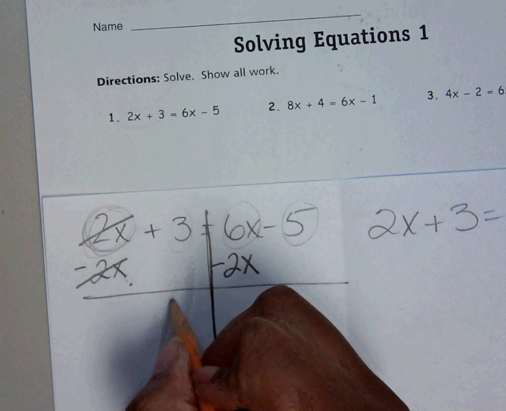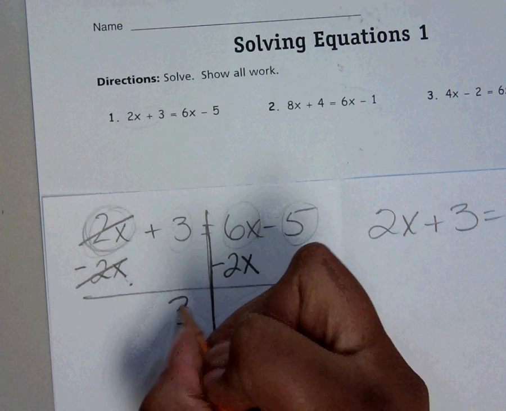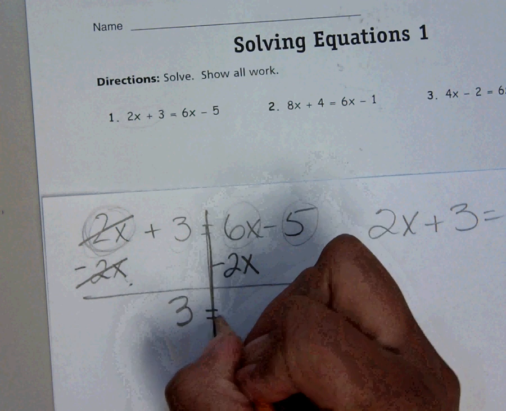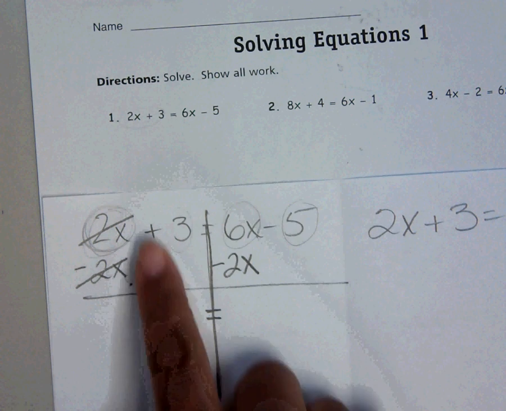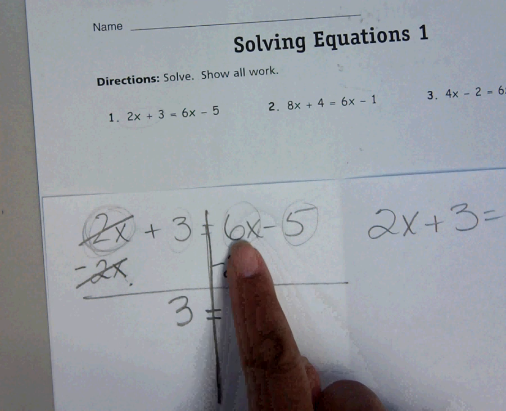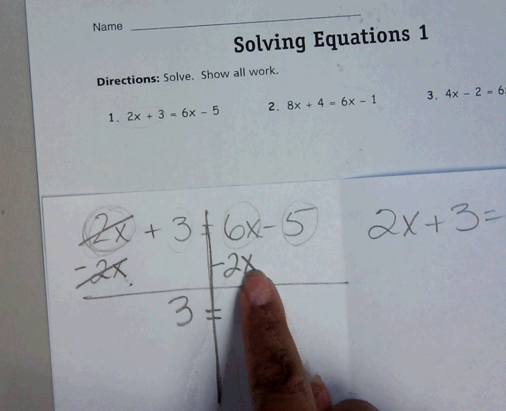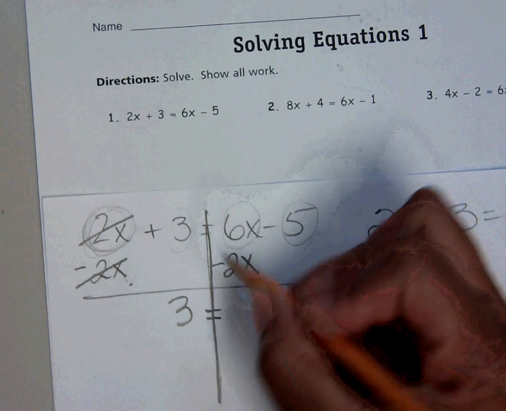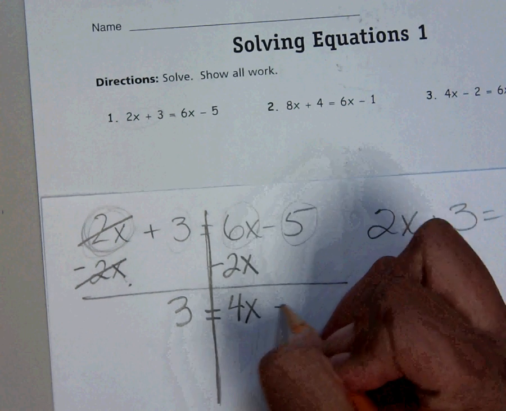Now I have to bring down what's left, and it's positive, so I don't have to write the plus sign. I would only write it if it was negative. And the reason I'm not going to write the plus sign is because there's nothing in front of it. So now this is 6x minus 2x. So if I have 6 x's and I take 2 away, I now have 4.